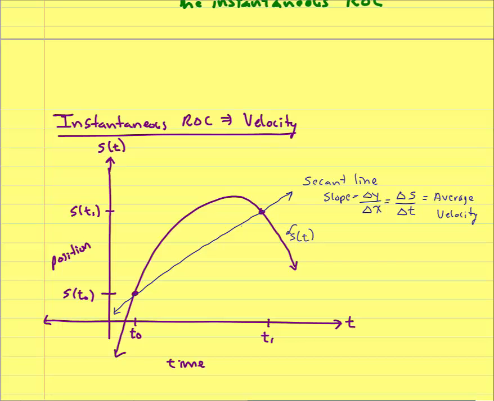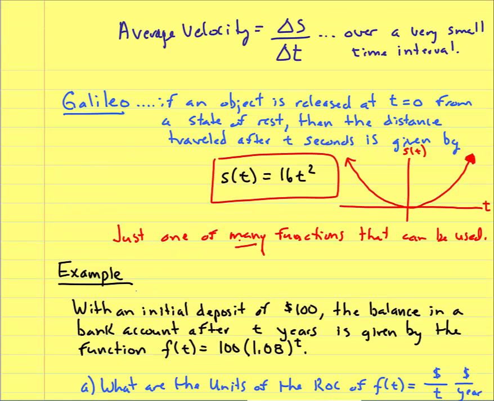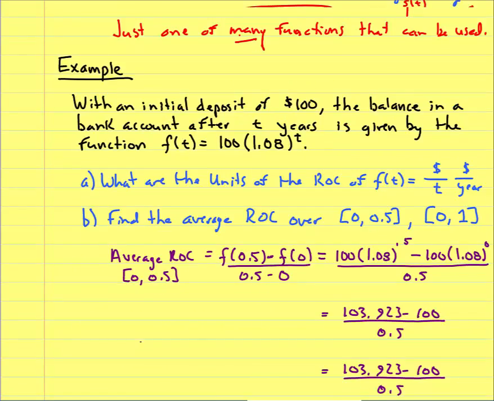Now when we're looking at this particular secant line, if I can make this time interval smaller, meaning I'm going to move t1 down here in this direction, what's going to happen to this secant line? So our new t1 would say let's move here. And we can see this line gets closer and closer to being a tangent line.